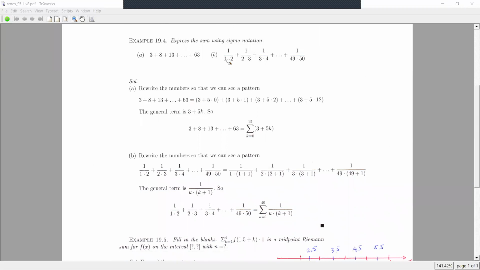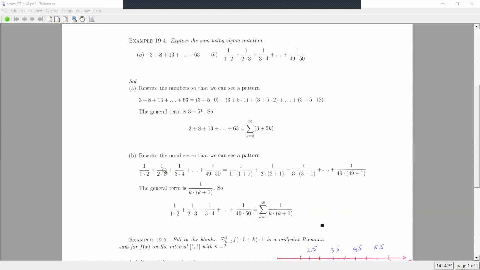Now the second long sum. Okay, again, let me figure out the pattern among the terms in this long sum. The first term, let me write the 2 in the first term as 1 plus 1.